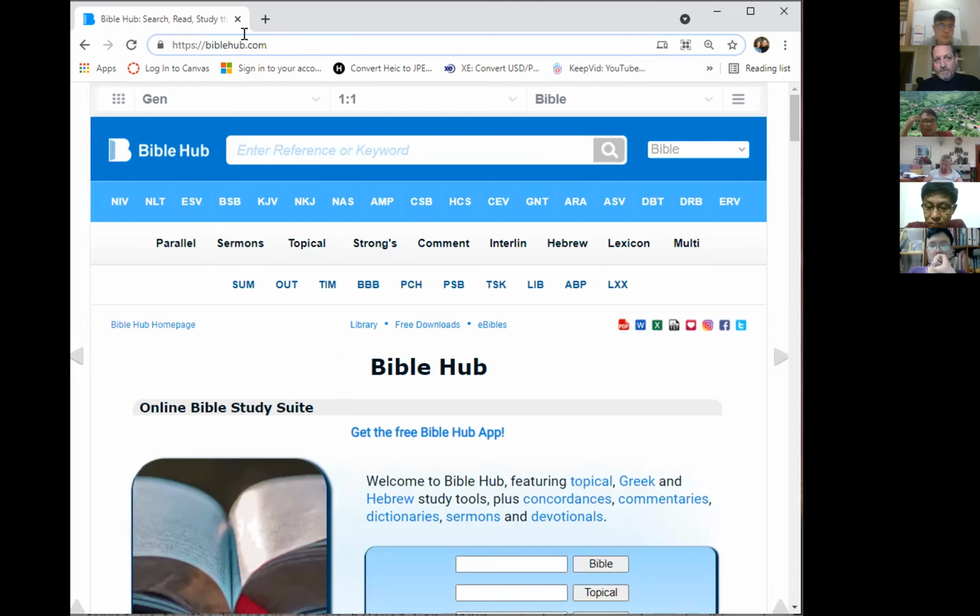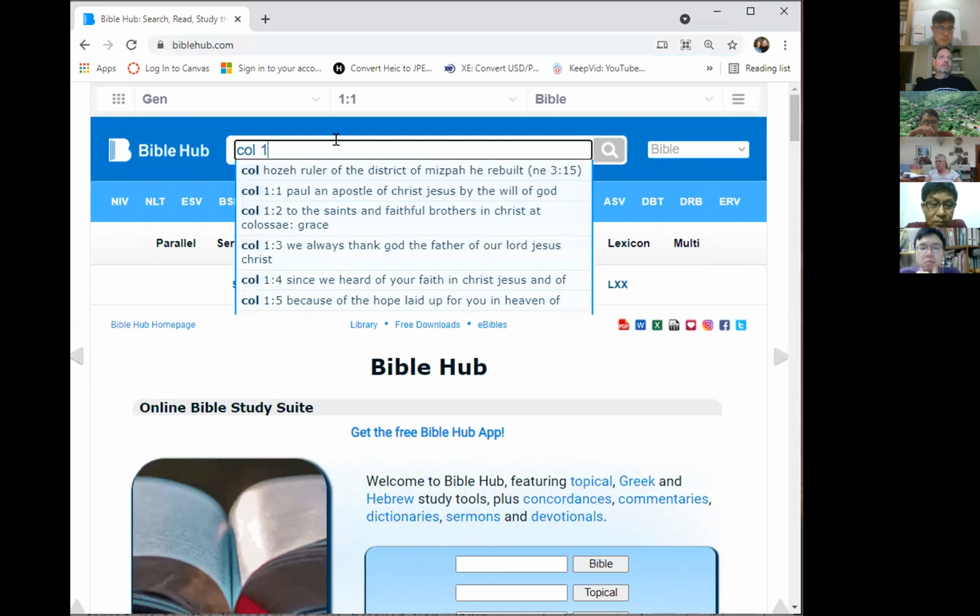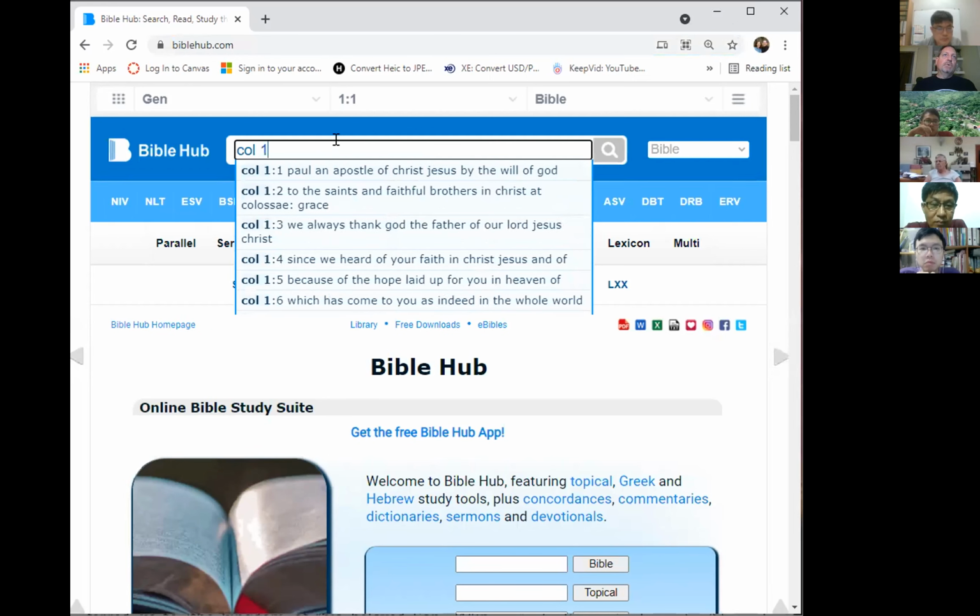It's a really helpful one. This will open up to you a whole world of resources to be able to look at a passage. And it's a free online website. So let me just show you. We'll go to Colossians 1. So I type in the passage, Colossians 1.